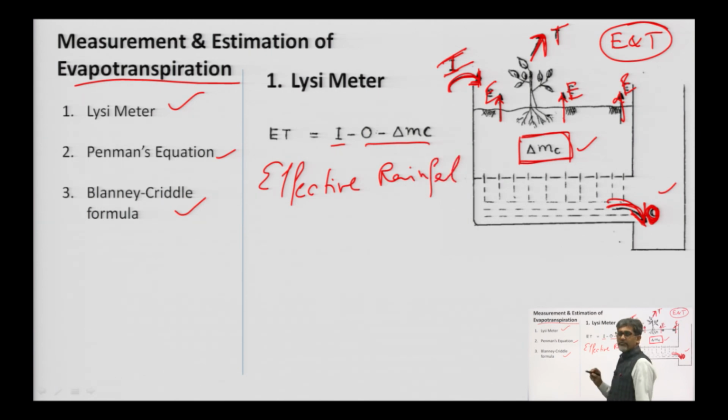What is effective rainfall? Effective rainfall is total precipitation minus total loss.